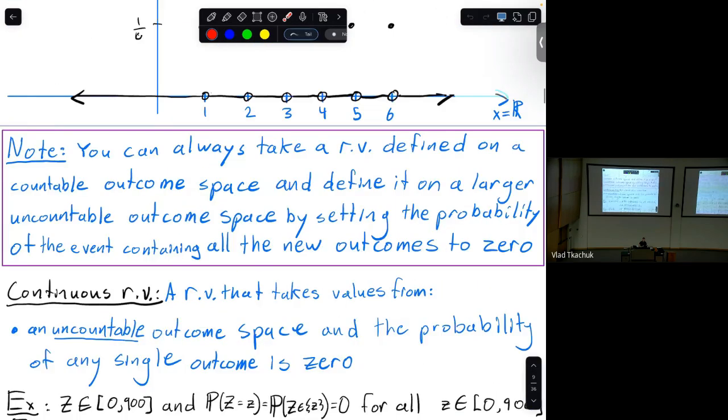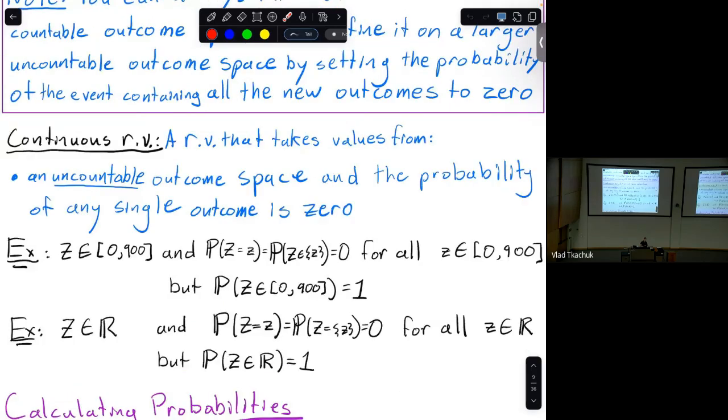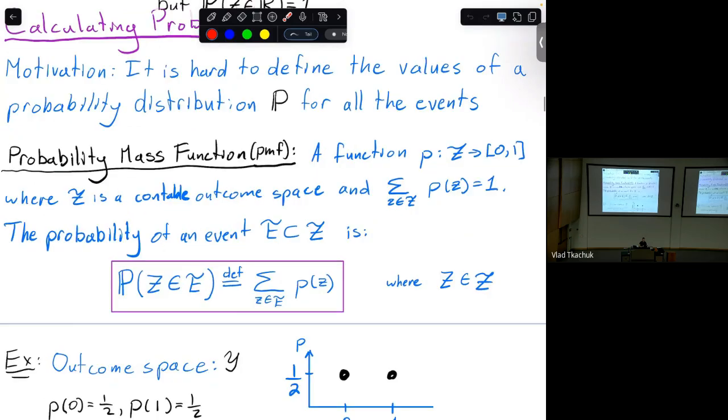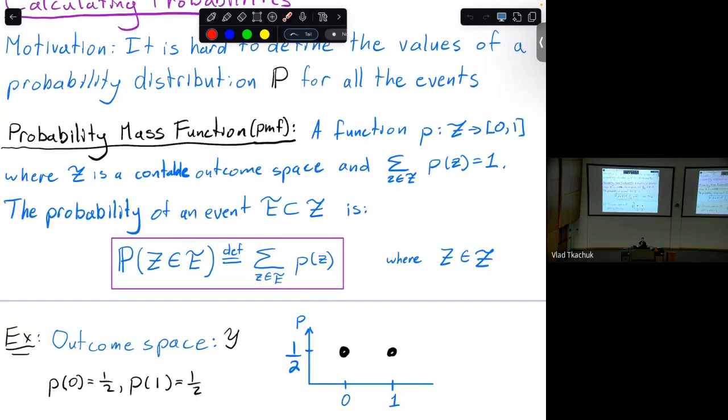And if your random variable is continuous, which means its outcome space is going to be uncountable, and it has this property that the probability of any single outcome occurring is 0, then you need to use a PDF, which tells you the density at every point. And there you would talk about the probability of events that are intervals, basically. So that's what you need to know. PMFs allow you to calculate probabilities for discrete random variables.